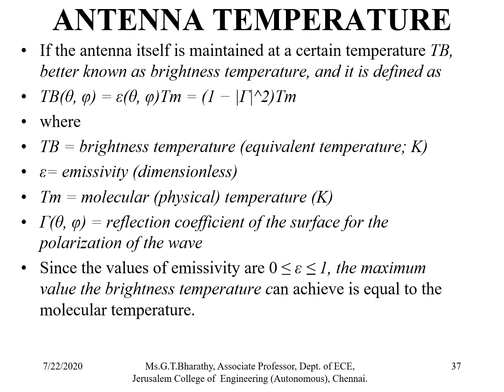So the brightness temperature is given by 1 minus magnitude of reflection coefficient the whole square into the molecular temperature, where the reflection coefficient is again a function of theta and phi. The value of emissivity ranges from 0 to 1, which gives the maximum value of the brightness temperature to be equal to the molecular temperature.